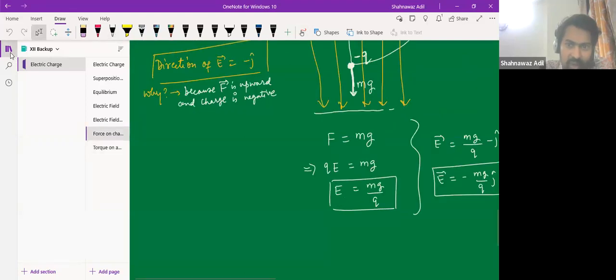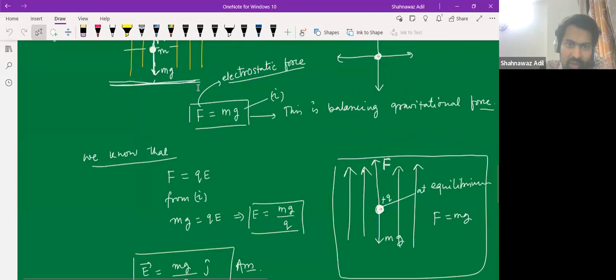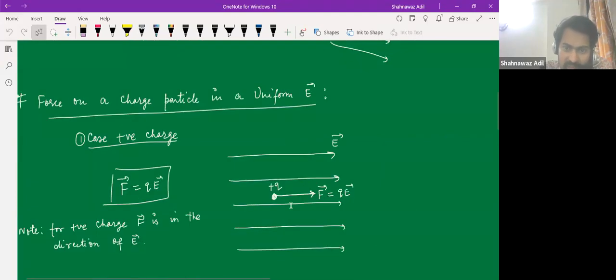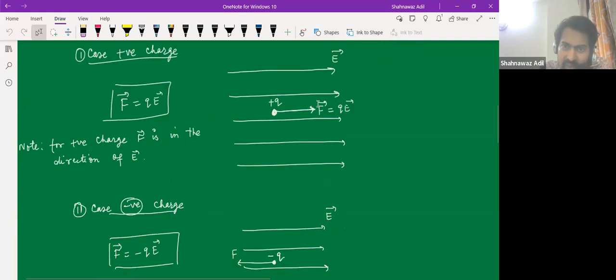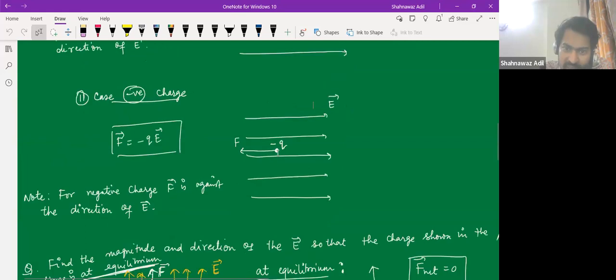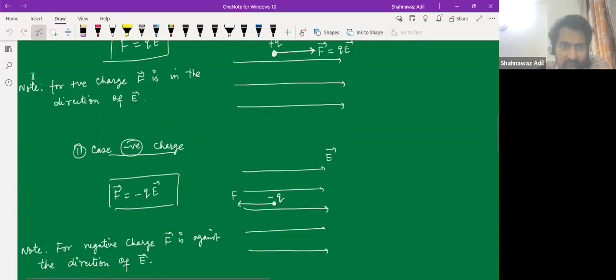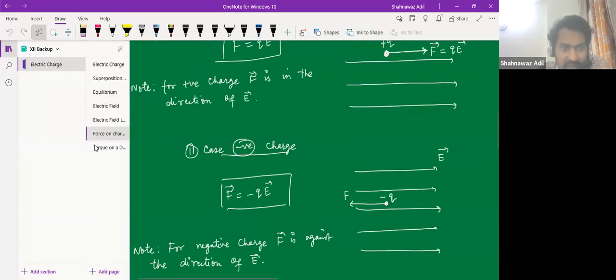Extensively we have talked about this. So positive charge put in some external electric field, force would be in the direction of the electric field, QE. For a negative charge, that was against the direction. You guys remember this? Yes, sir. So please revise, otherwise you will forget.